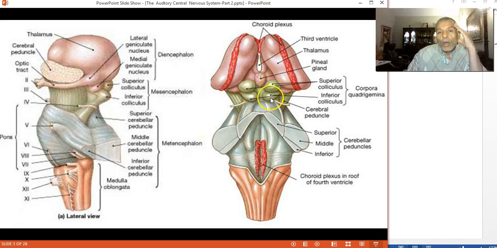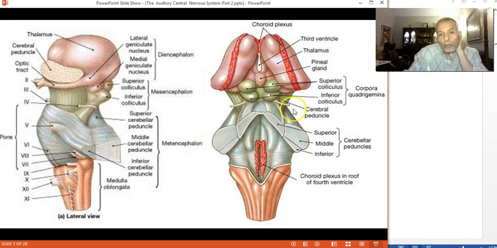And also, one pathway from here goes right to the auditory cortex on the cerebral cortex here, on top of the ears. And another pathway goes to different structures around the brain that we know as the association cortices, where vision and hearing and planning are all integrated through these pathways.